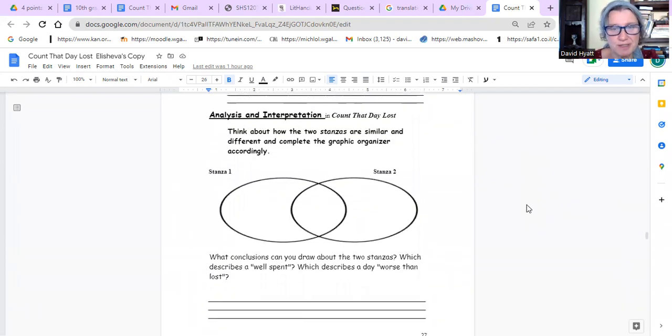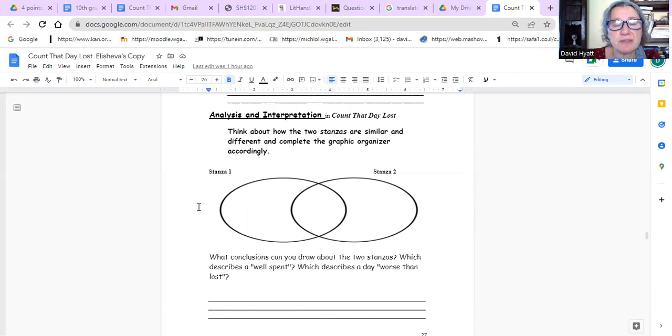Now, more interesting and more relevant is the analysis and interpretation in Count That Day Lost. Think about how the two stanzas are similar and different, and complete the graphic organizer accordingly, okay?